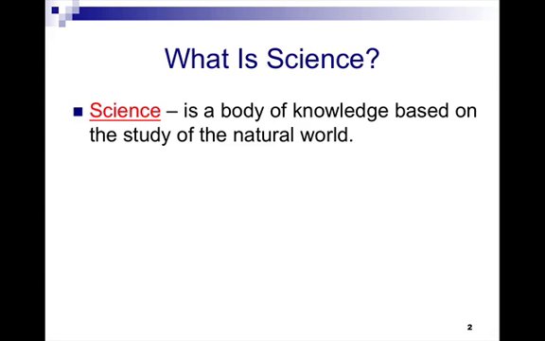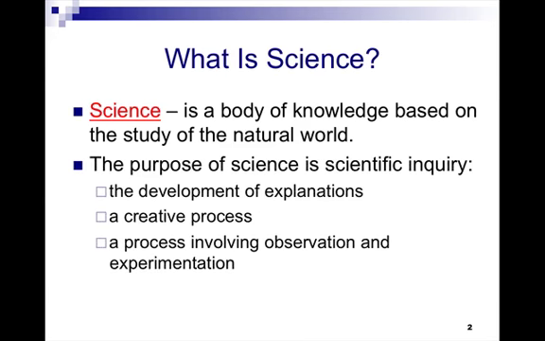So this particular section is going to really define science for you. So the definition: science is a body of knowledge based on the study of the natural world. And science is just such a broad definition, and it encompasses so many different things. So the purpose of science is what's called scientific inquiry. So we need science to develop explanations to certain things.